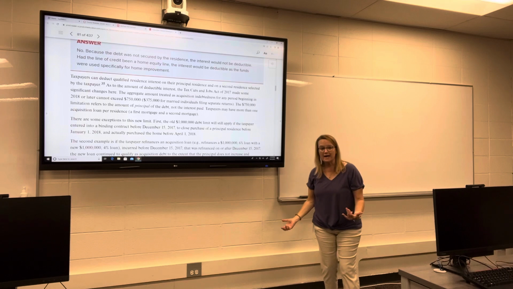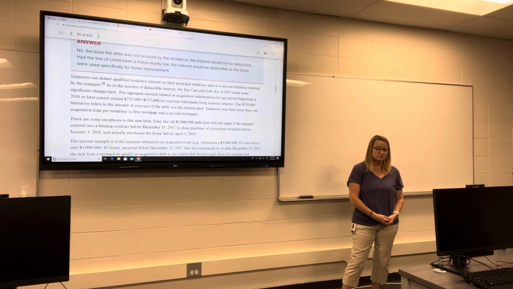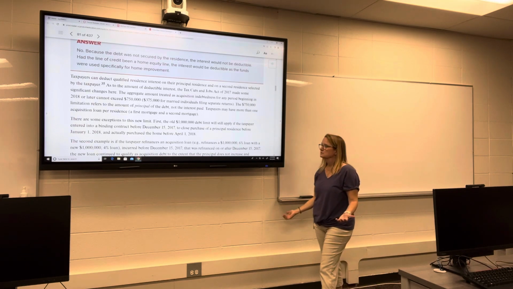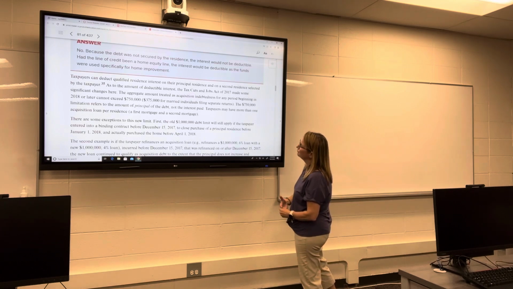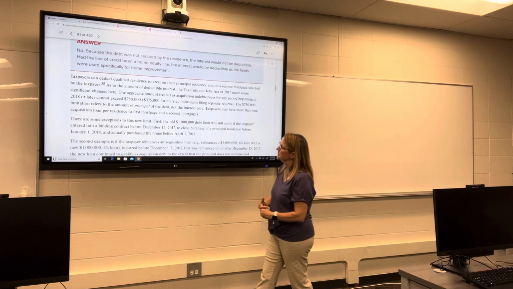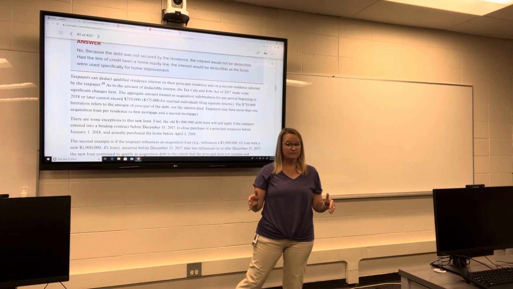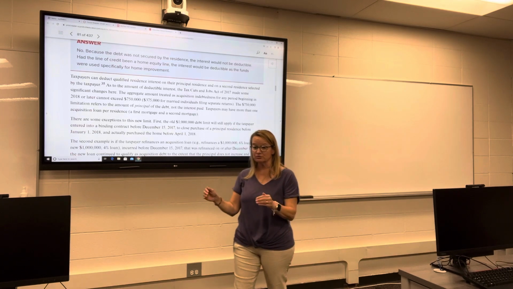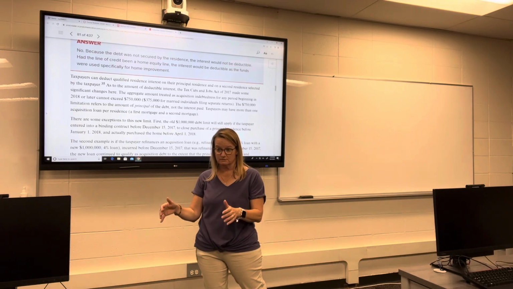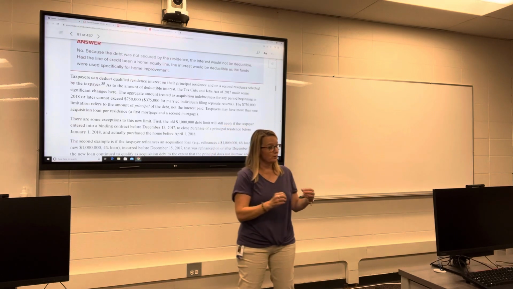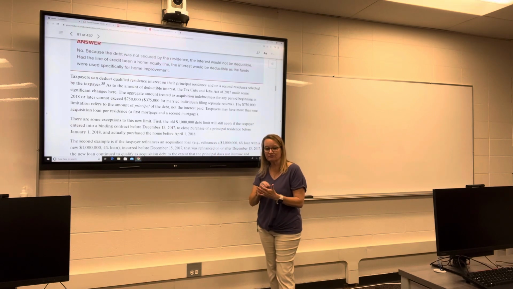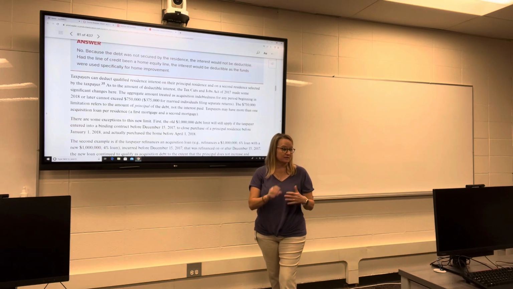So if you buy a house for $1 million and you take out a loan for $800,000, $50,000 of that loan, you cannot claim the interest on that additional $50,000. It has to do with the limit on the amount of debt that you have, not the interest itself.